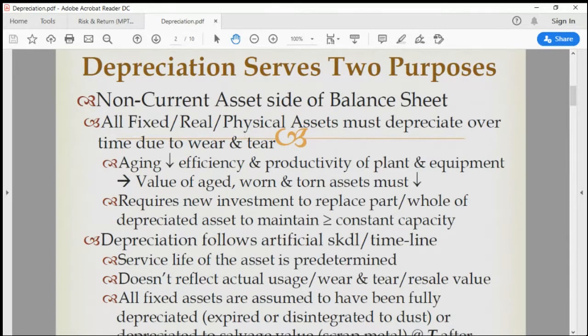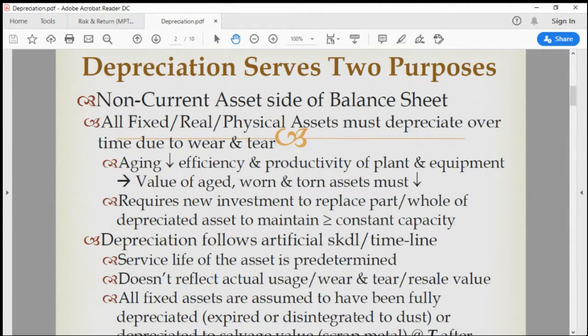Because your asset won't be maintaining the same value as day one, because your production equipment will become less productive with age and with wear and tear, right? It will become less productive.